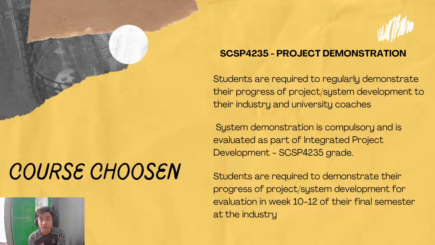This system demonstration is compulsory and is evaluated as part of the integrated project development SCSP 4235 grade. Students are required to demonstrate their progress for evaluation in weeks 10 to 12 of their final semester at the industry. The entities involved in this course are students and the university or industry coach.